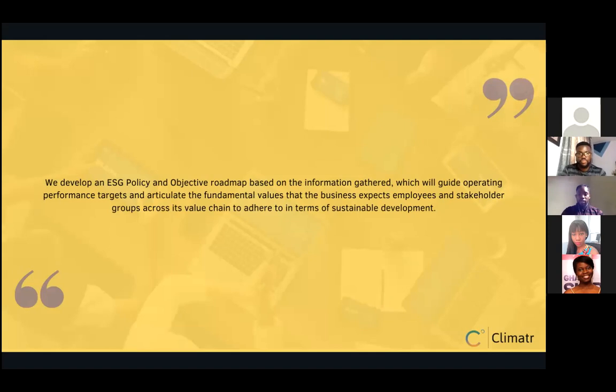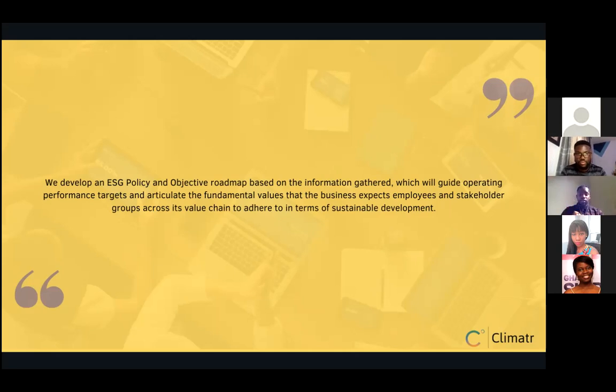One way to do that is to develop ESG policies and objectives that categorically state this is how we intend as an organization to address this risk factor or this issue, be it on the social side, maybe pay inequality, for example. This is our objective. This is what we intend to do as a business to improve the pay disparity in our organization, to improve it by X amount in X year, for example. So that becomes an objective, and then that can be fed into a policy, right?